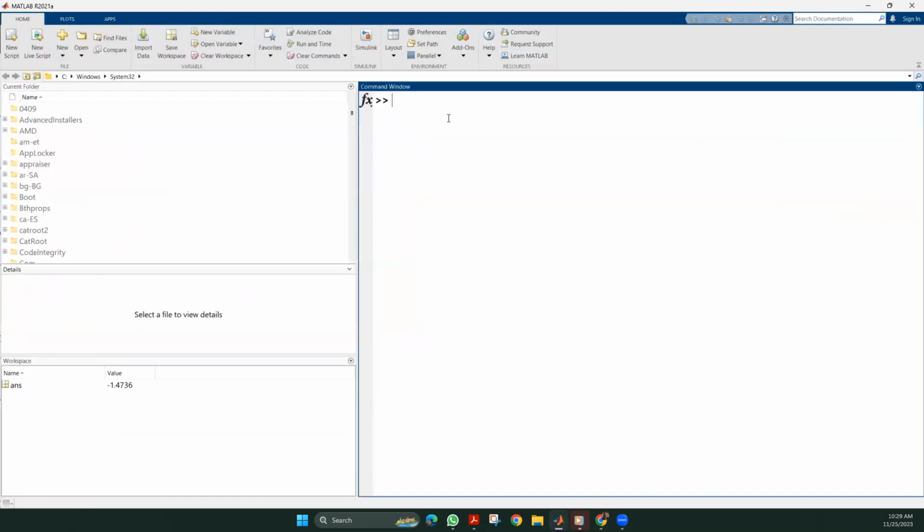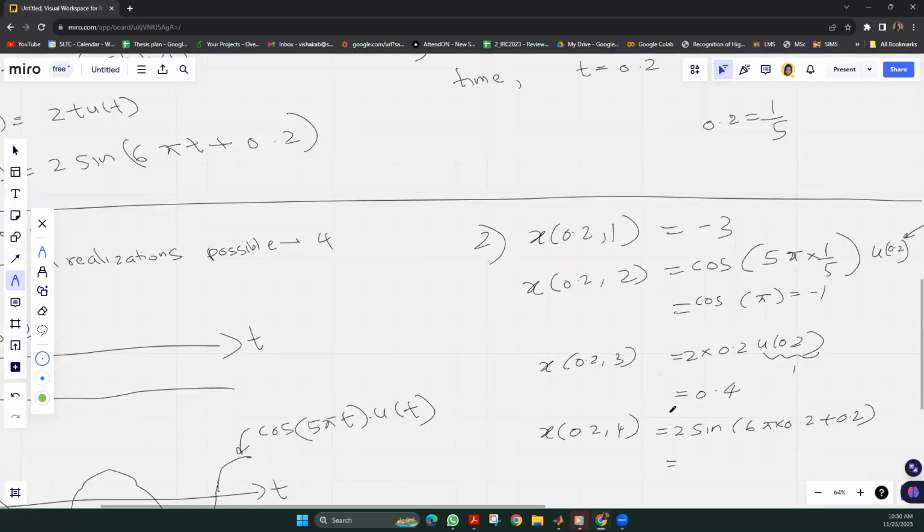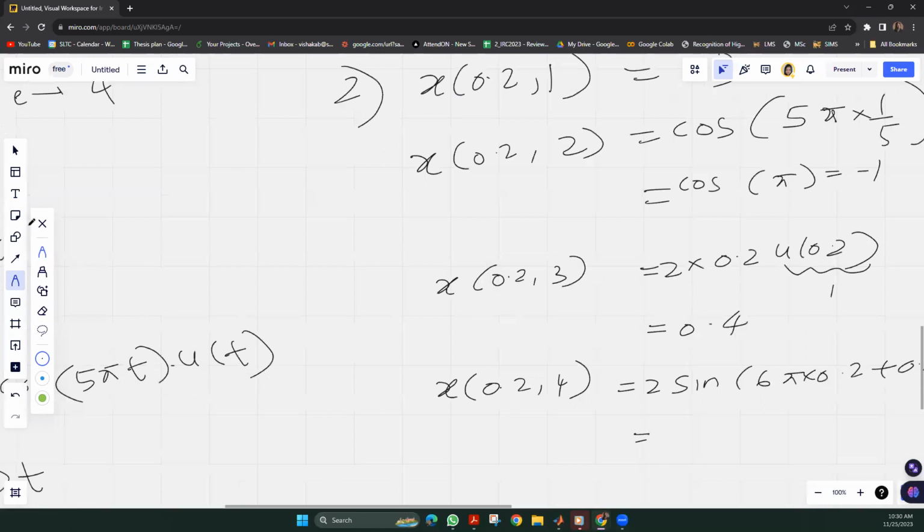If I want to find the value of the function, I'm going to type 2 sine of 6 pi into 0.2, which is the time, plus the 0.2 offset. I'm going to get this value as the output.